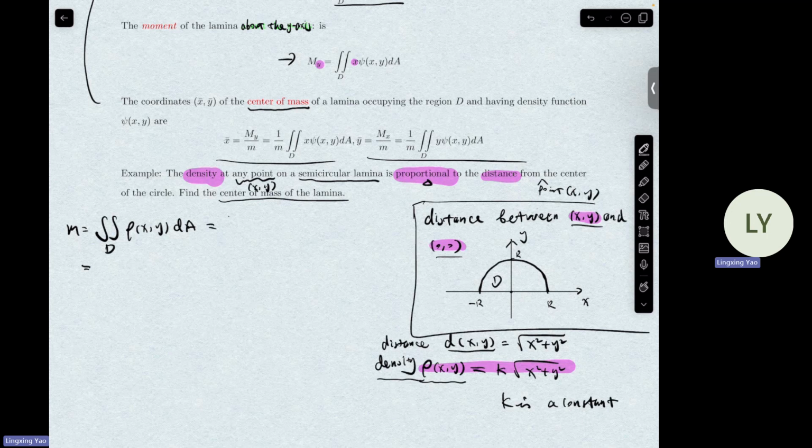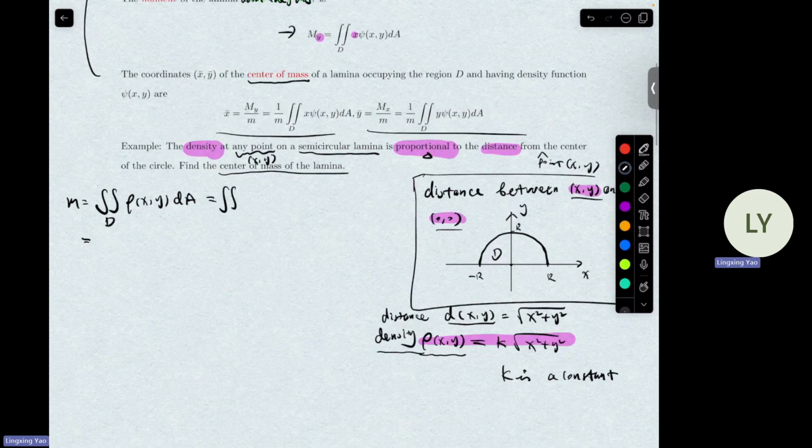Now, how do we represent the domain D? Well, let me just write here. So the domain D here, obviously, is the upper half of this circle, right?